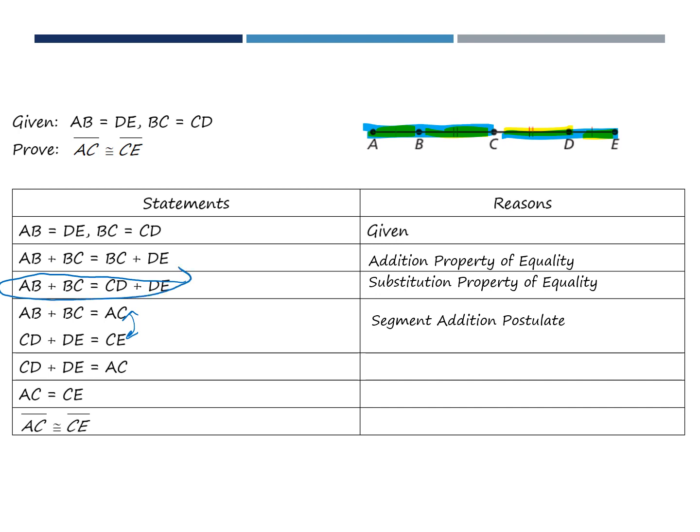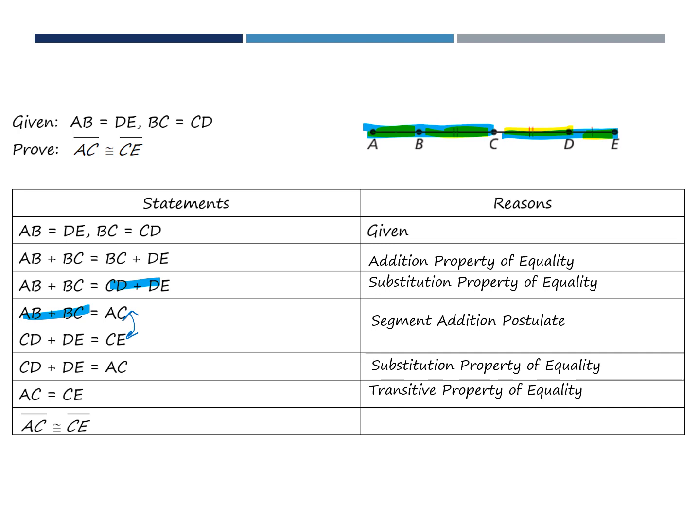So I've taken the CD plus the DE right here, and I've substituted it in for the AB plus BC. Okay? And that's where I get this statement, CD plus DE equals AC. So I've done a direct substitution from here to here. And it looks like I skipped the reasons, got them mixed up. So substitution property of equality there.